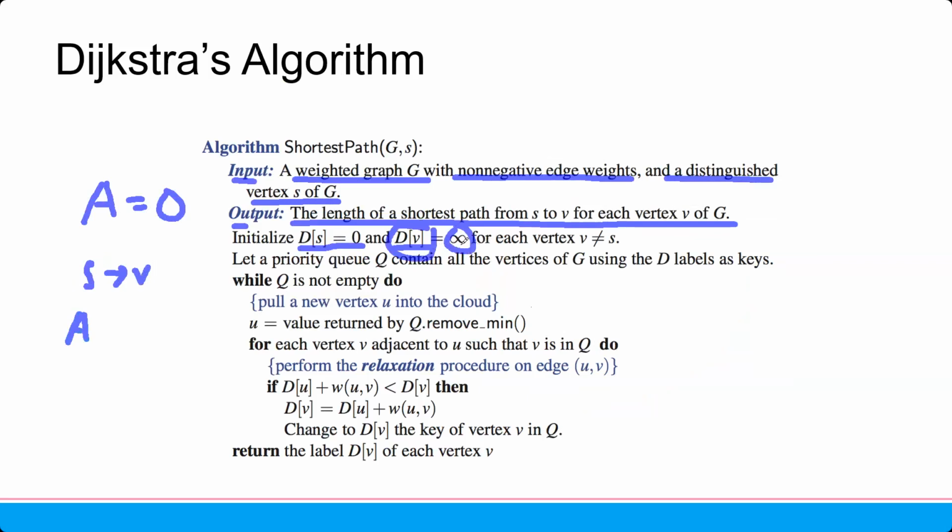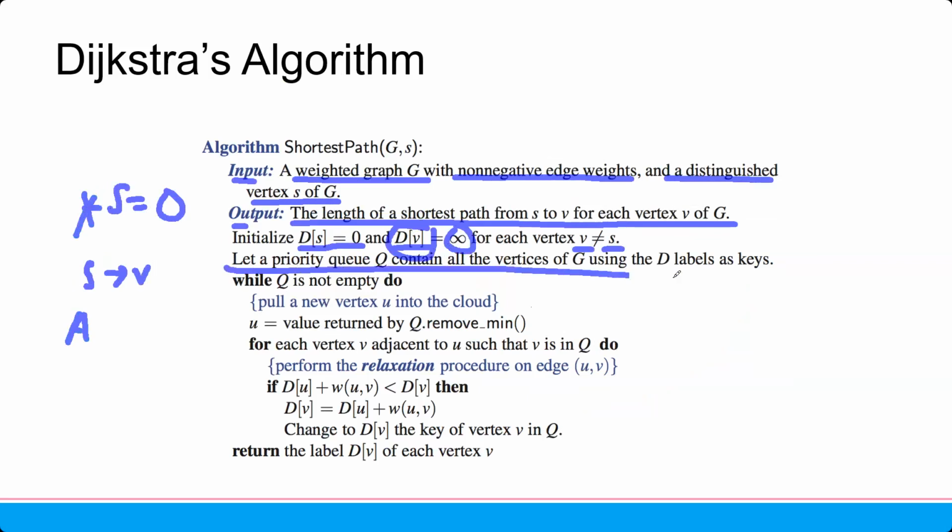This is just the initial value, for the vertices which are not equal to S. So A means the starting point, and the distance of the starting point S is 0.